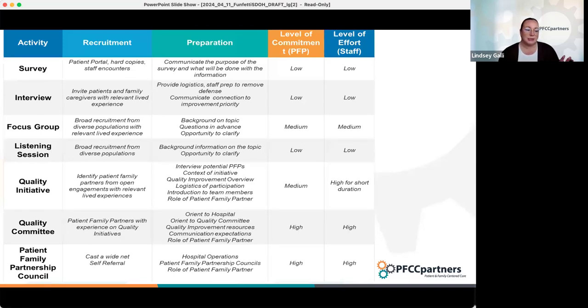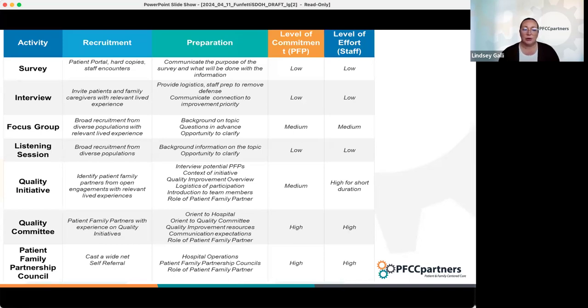And so this chart outlines the different activities. Something as simple as a survey, using patient portals, even hard paper copies, or informal staff encounters to gather information and perspectives from people with lived experiences.